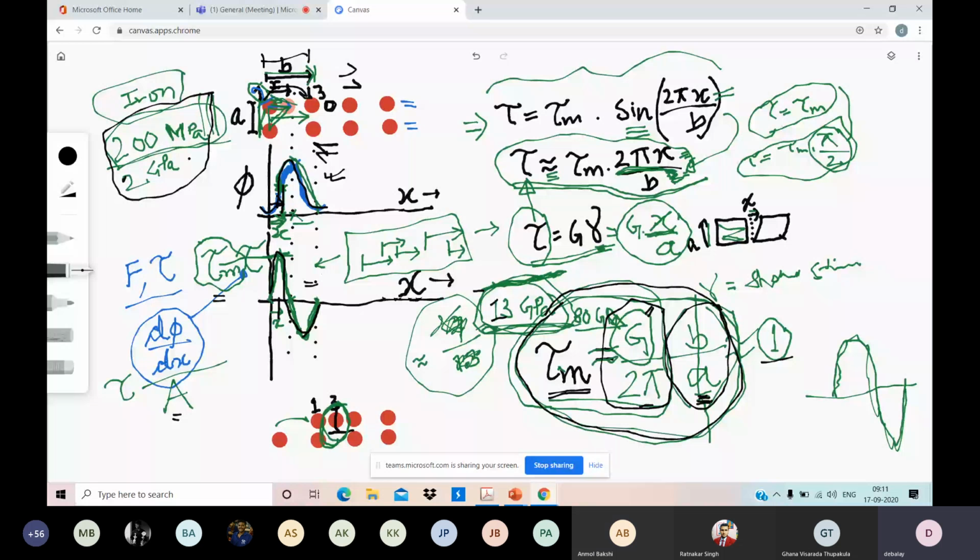So what we are talking about is, through this derivation, the tau m value tells us the stress required to create a dislocation inside what? Material. No, more specifically you have to say, material is understandable.